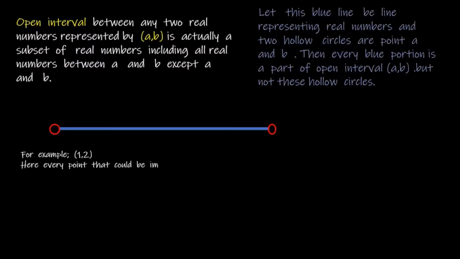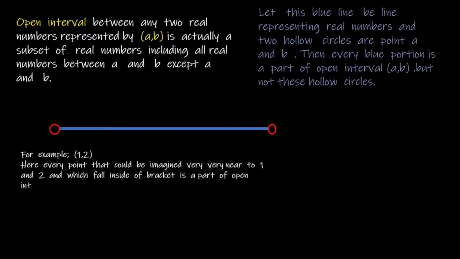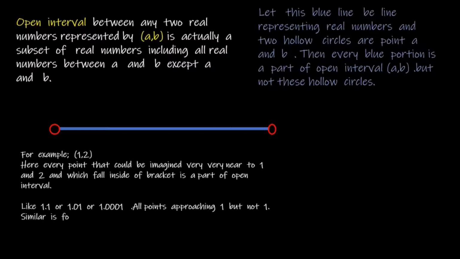Every point that is very, very close to 1 is a part of this open interval, and the part which falls inside the open interval is also a part of it, like 1.1, 1.01, 1.001. All the points approaching 1 but not 1.